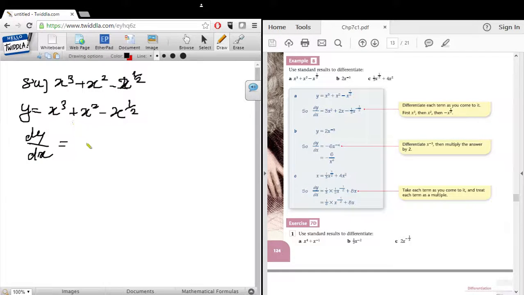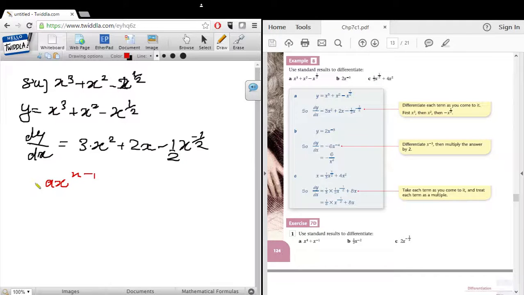We have, for the first one, plus, minus x to the minus half. How do we do this? Let's take it slow motion using anx^(n-1).